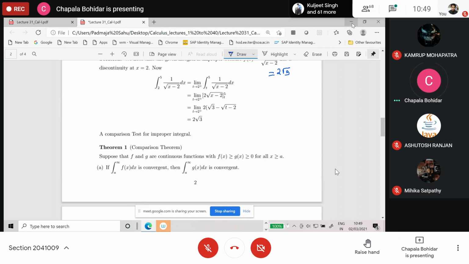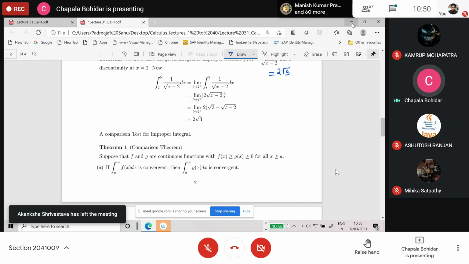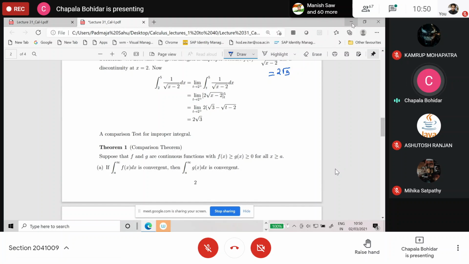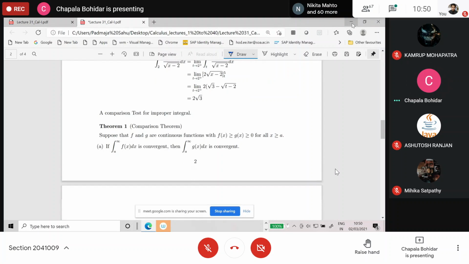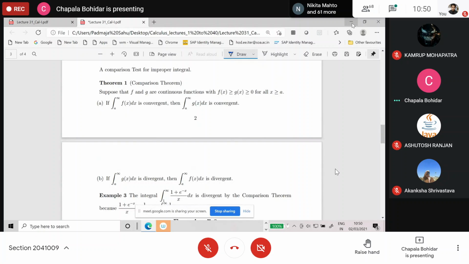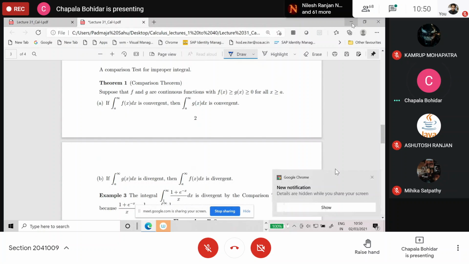If the integral from a to infinity of f(x) dx is convergent, then the integral from a to infinity of g(x) dx is also convergent. If the integral from a to infinity of g(x) dx is divergent, then the integral of f(x) dx is divergent.